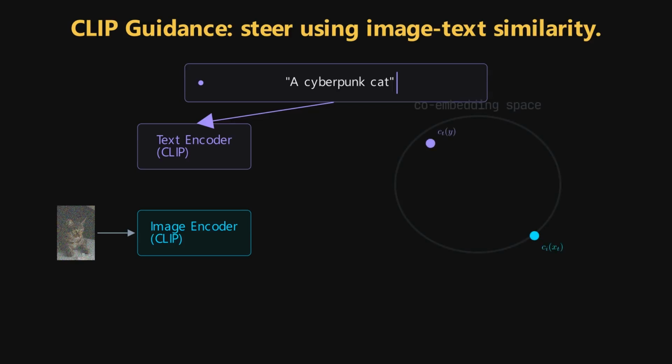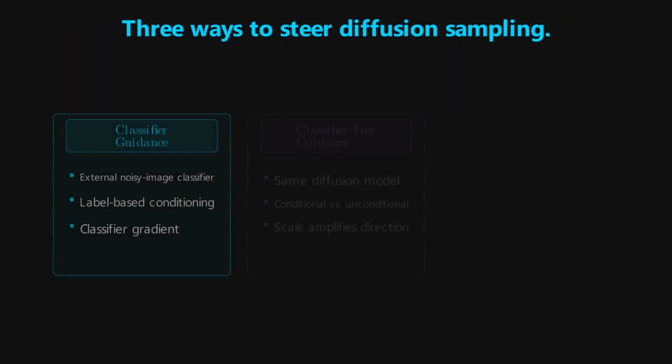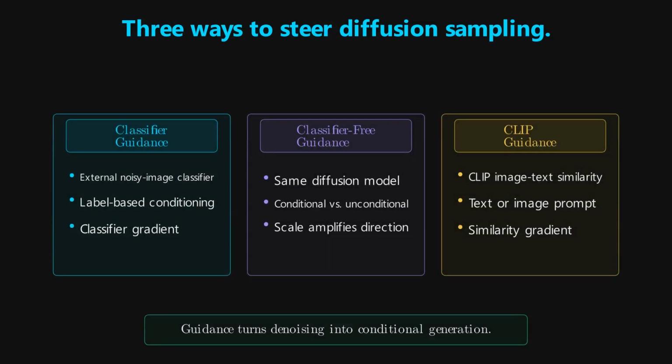Instead of using an external classifier, we use the same diffusion model twice. During training, sometimes the model receives the condition, such as a label or text prompt. Sometimes the condition is dropped. So at sampling time, the model can make two predictions. One prediction with the condition, f of xt and y, and one prediction without the condition, f of xt and empty.